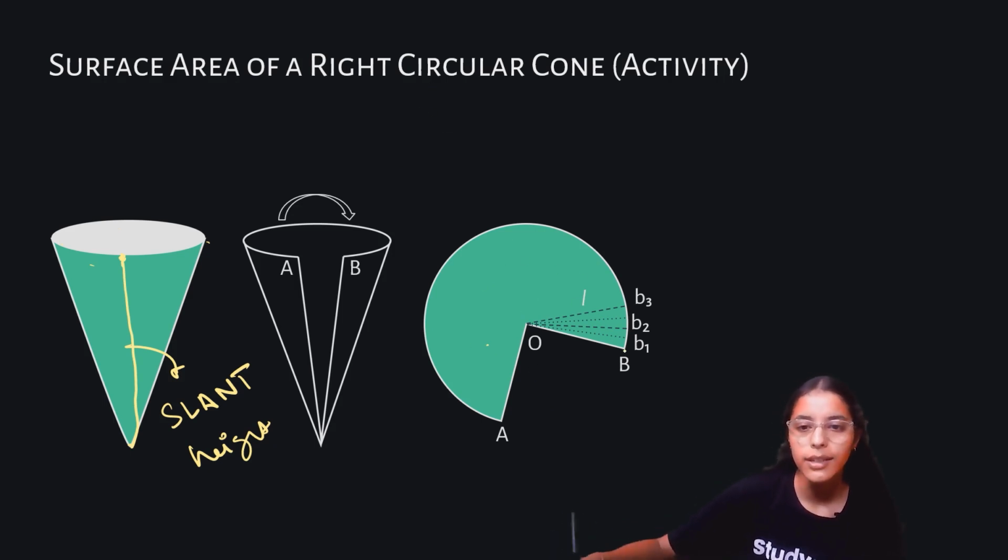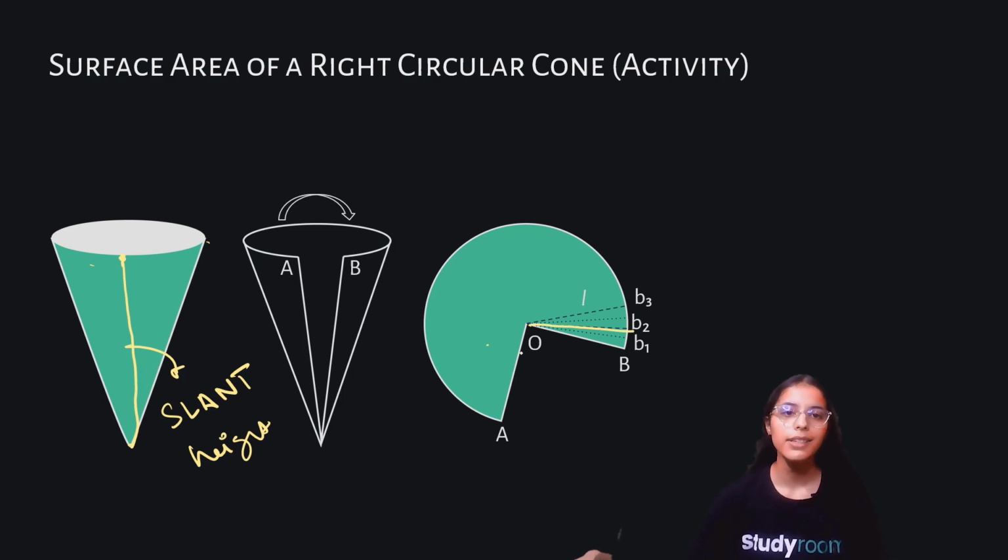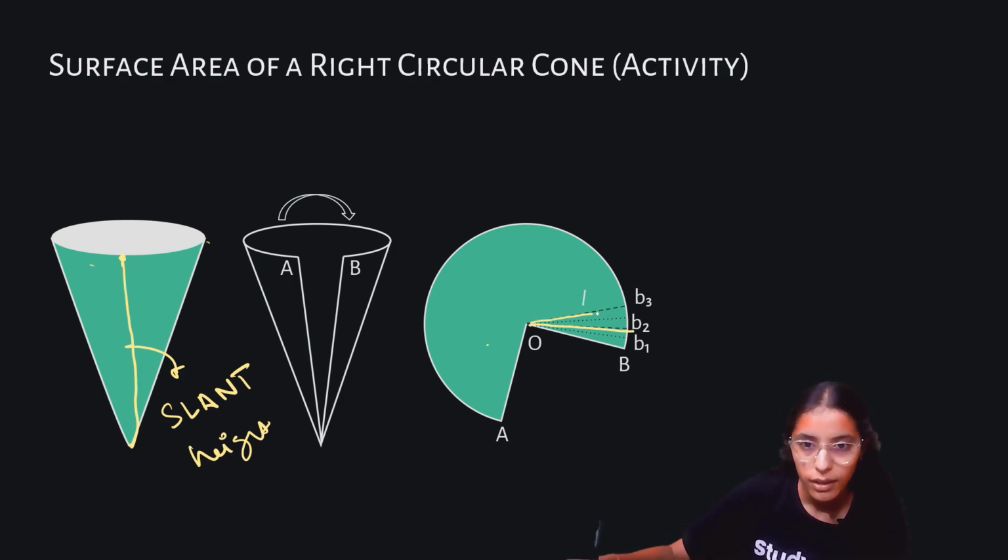Let us just take these three parts so that you can get an idea. It's not compulsory how broad you cut the pieces; you just have to cut it as small as you can. So we'll cut it like this. This is our base B1, this base is our B2, and if we cut one more over here, this is our B3.